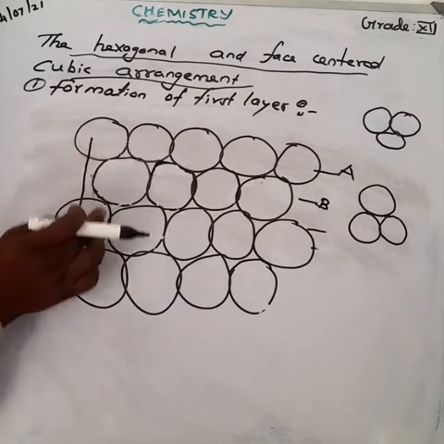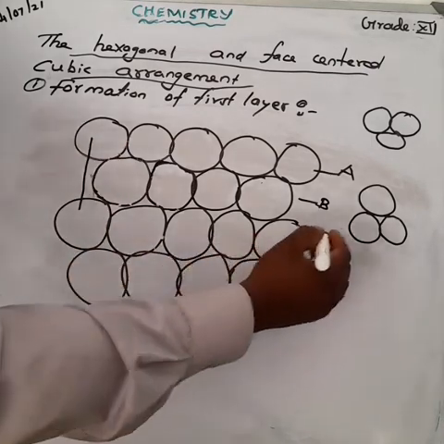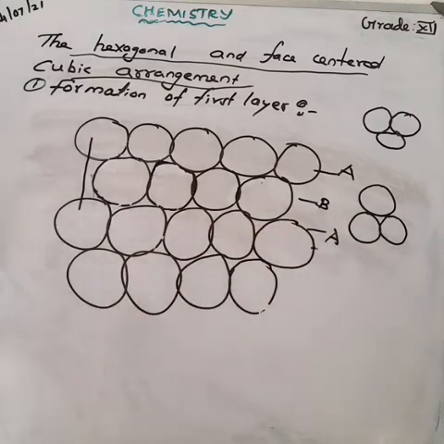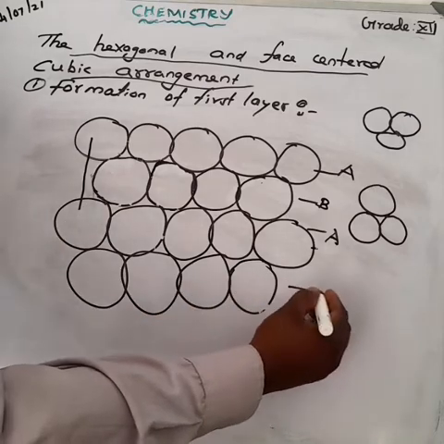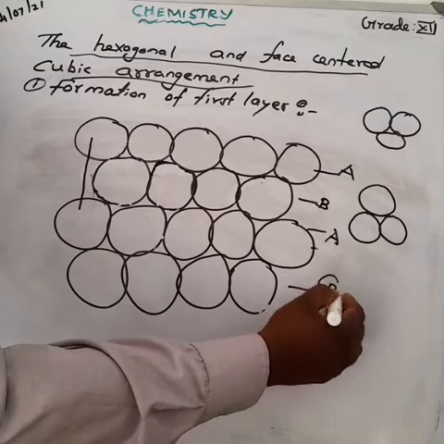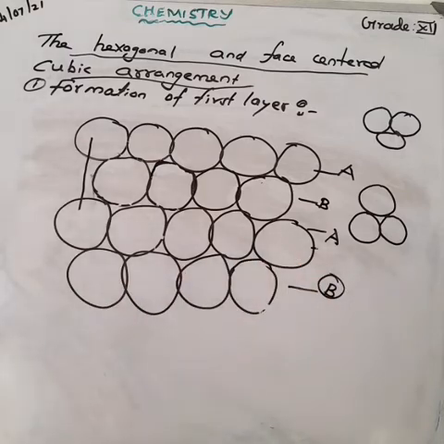Okay, that is named as A. And the spheres of the fourth row fit into the depressions of the first row. Like that, we can arrange them and name them as A and B.